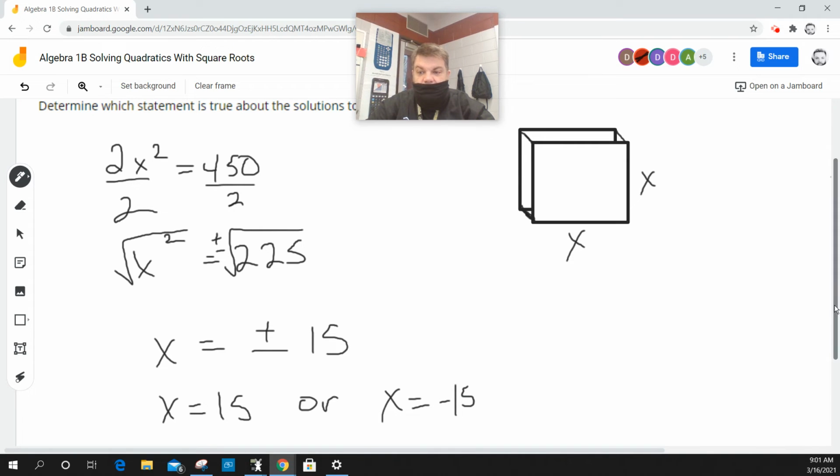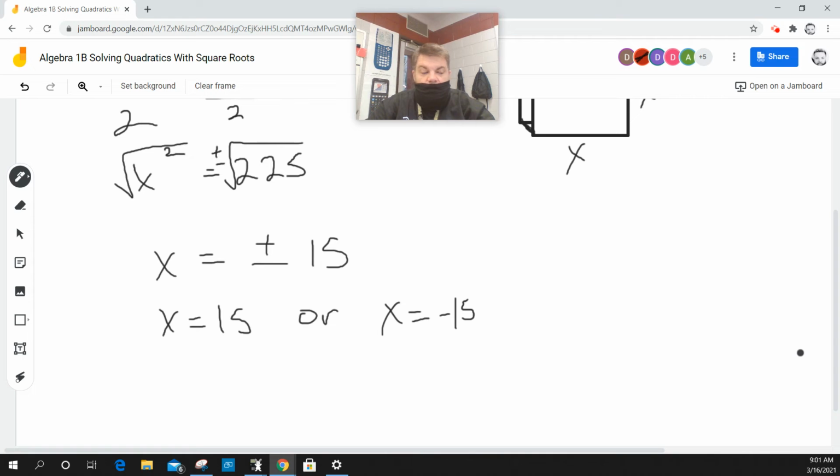But what does that tell you? Well, mathematically, x equals 15 or negative 15, right? Can you ever have a box side length of negative 15?